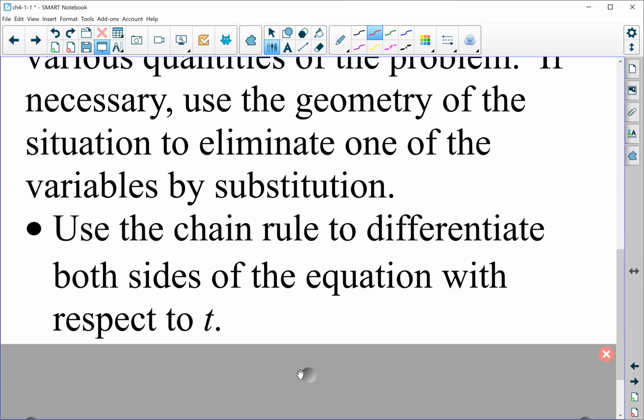Use the chain rule to differentiate both sides of the equation with respect to t. I'm going to use the chain rule and implicit differentiation, because t will not be one of the variables.